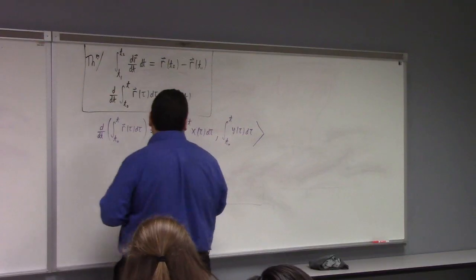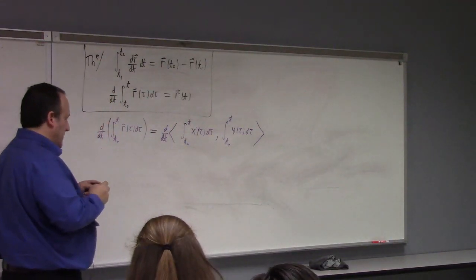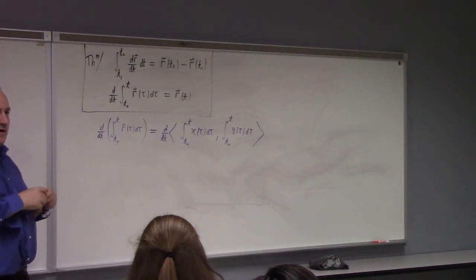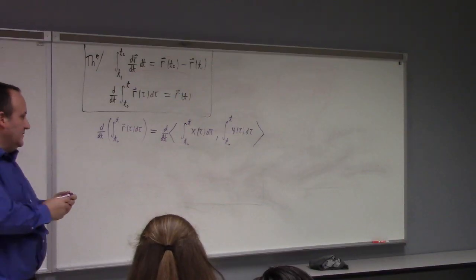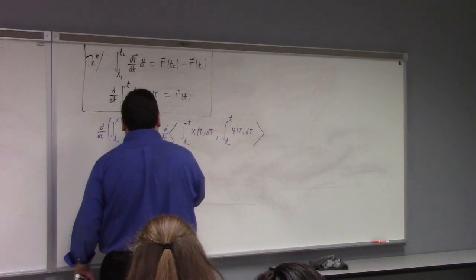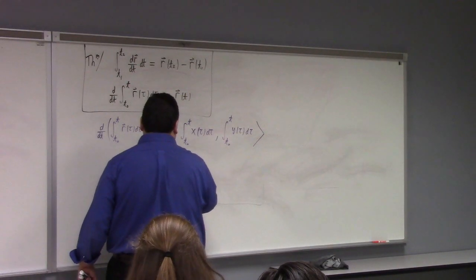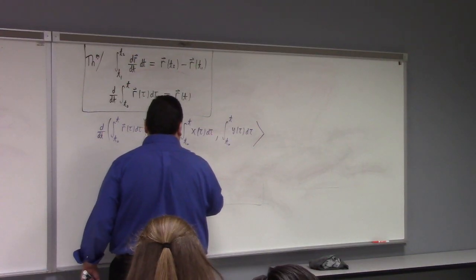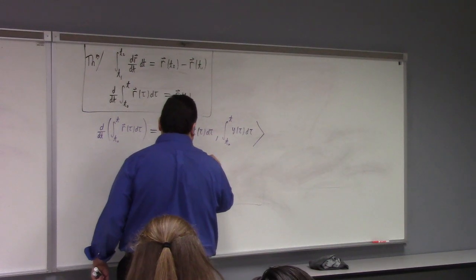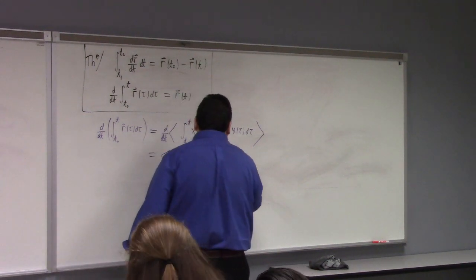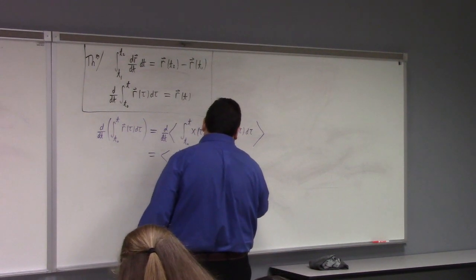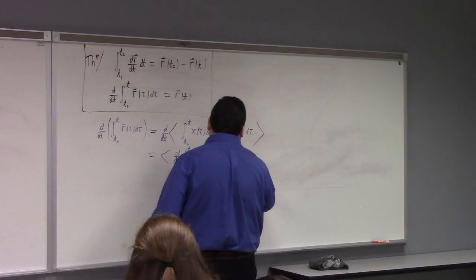But if you'll allow me to save myself a little writing, how do we actually do that derivative? Oh, fine, I'll write it out. d/dt, integral from t naught to t of x of tau d tau, d/dt, integral from t naught to t of y of tau d tau.